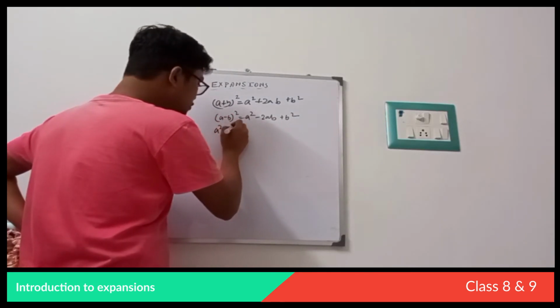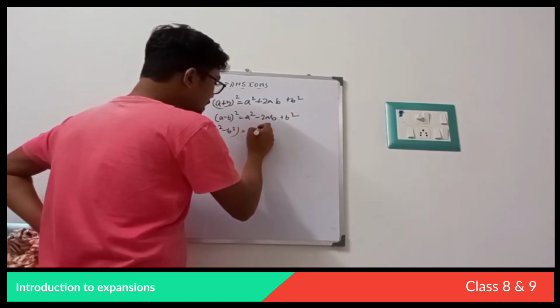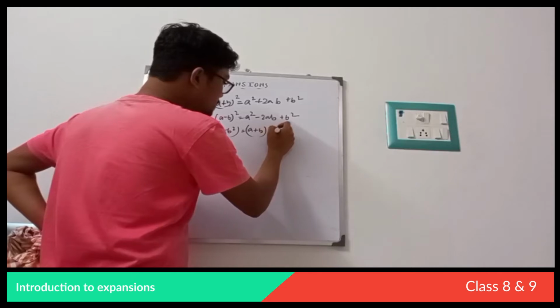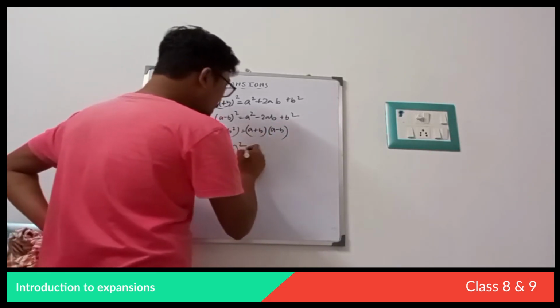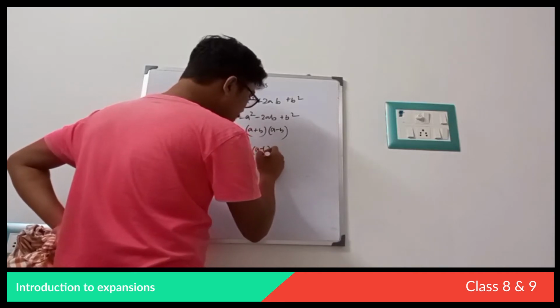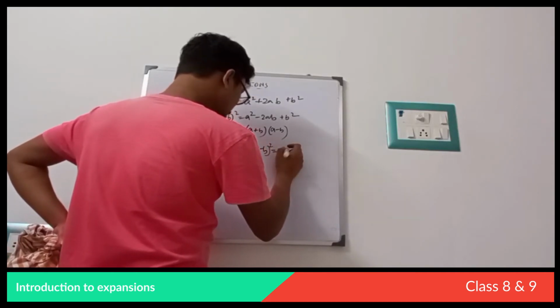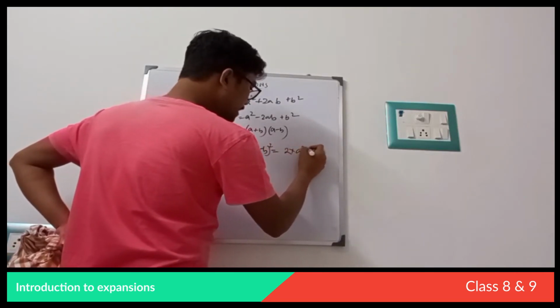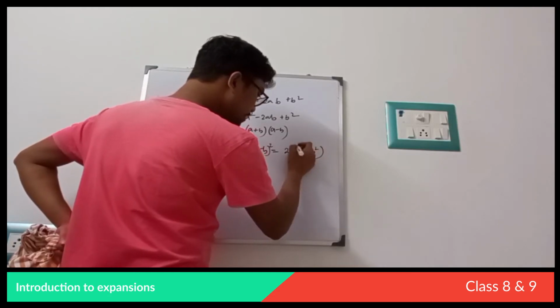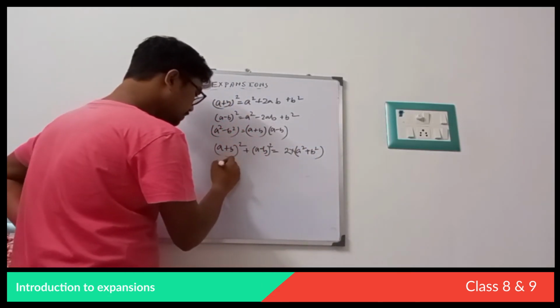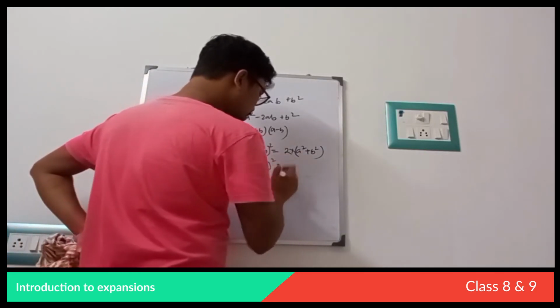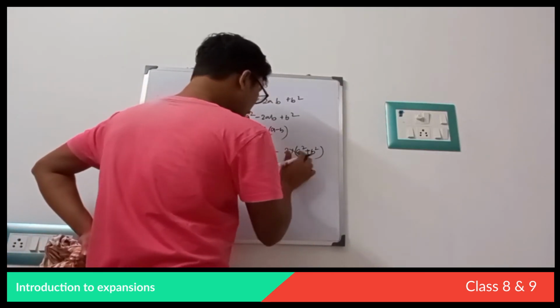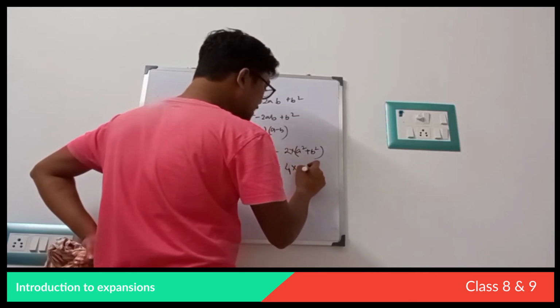A square minus b square equal to a plus b into a minus b. Now a plus b whole square plus a minus b whole square equal to 2 into a square plus b square. A plus b whole square minus a minus b whole square equal to 4 into a into b.